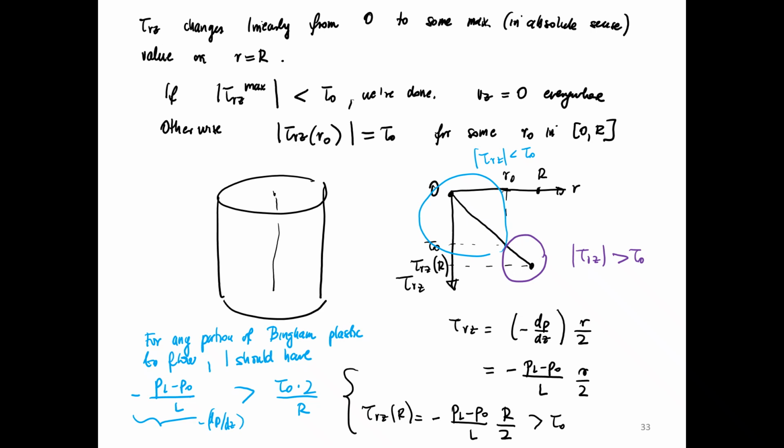Okay. So now I solved for shear stress. That part was easy. Question is, what is my velocity distribution in response? So basically, let's look at this region where my tau RZ is larger than tau 0.